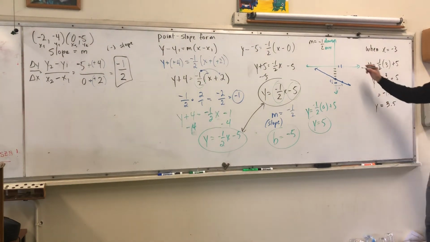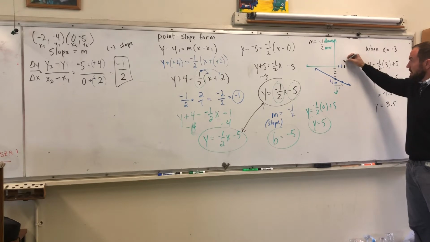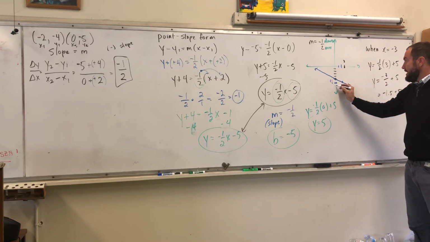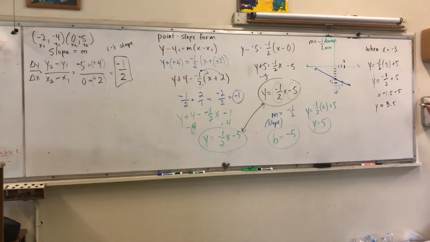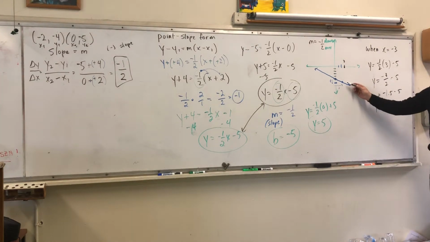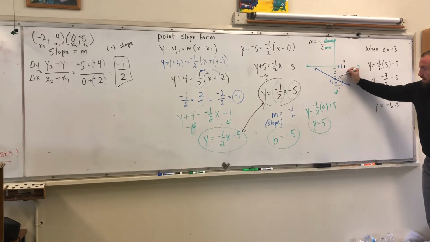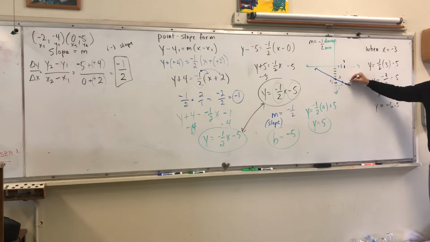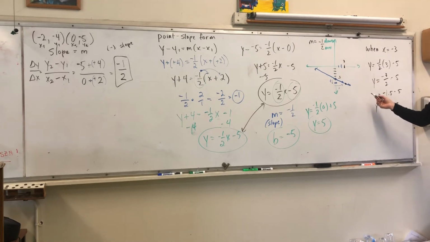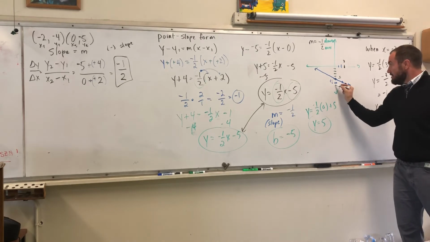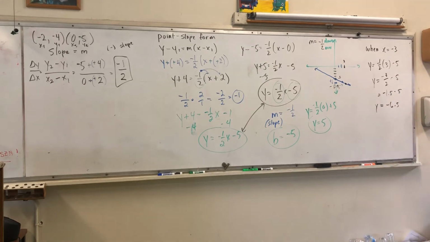So we could say when our x is 3, our y will be about, actually this is a negative 5 here. So we're actually going to have a total of negative 6.5. And see how I made that mistake? I saw 3.5 there, and I look over here and I was like, wait, that doesn't make sense. Here I have a negative 5. If I'm going over 1 unit, it looks like I'm only going to about 6.5 here.